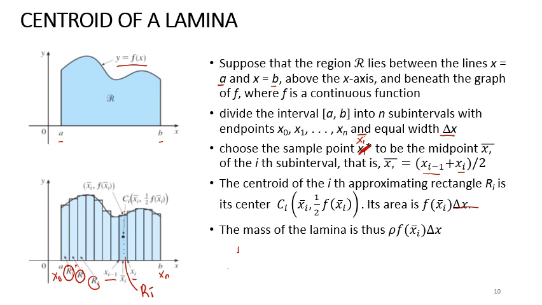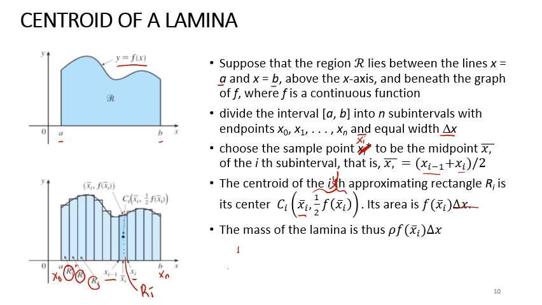The centroid of Ri is the center of the rectangle. The x coordinate of the center of the rectangle is xi bar, and the y coordinate is half of f of xi bar. This is the y coordinate of the centroid for rectangle Ri.